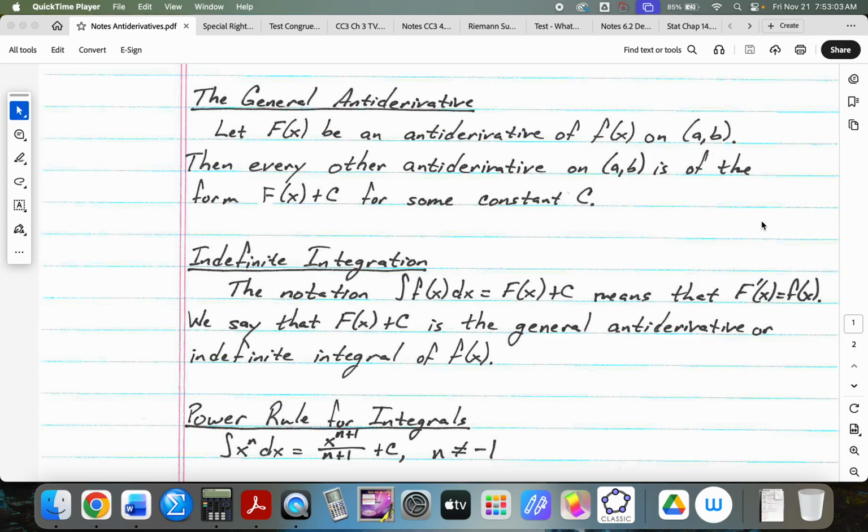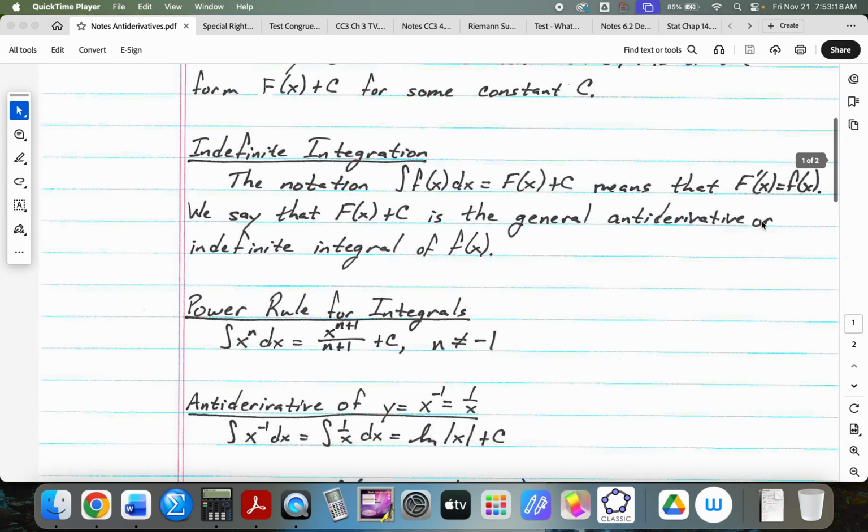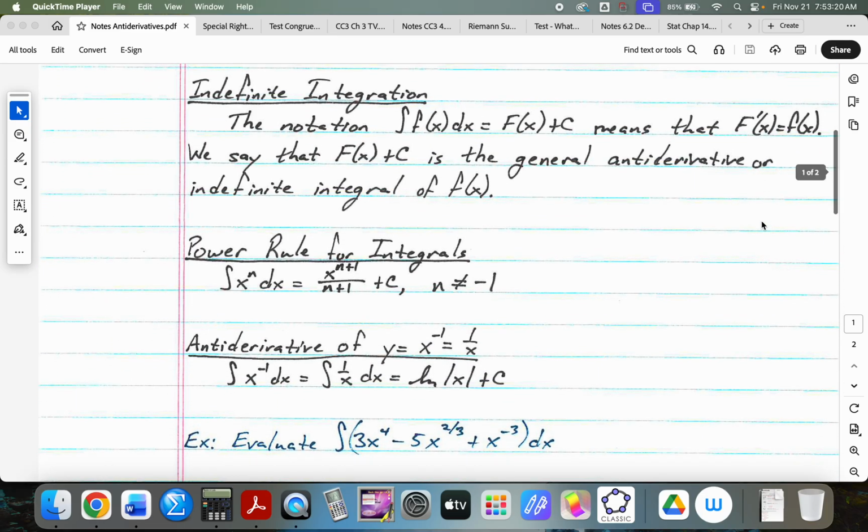So we always say an antiderivative instead of the antiderivative because there are an infinite number of antiderivatives for any given function. Now, what we're going to be doing starting today is something called indefinite integration. What we've been doing so far is evaluating definite integrals, where you're finding a numeric value.